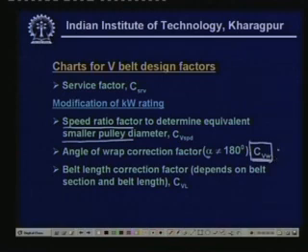In a similar manner, we will be getting another factor that is called the belt length correction factor, which is given as C subscript V into L, where V stands for the V section belt and L stands for the length. Now what is this particular belt length correction factor?